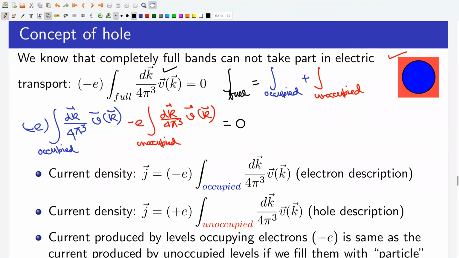Now, we can rewrite this equation by bringing the integral over unoccupied states to the right hand side, such that we can just write it as this.